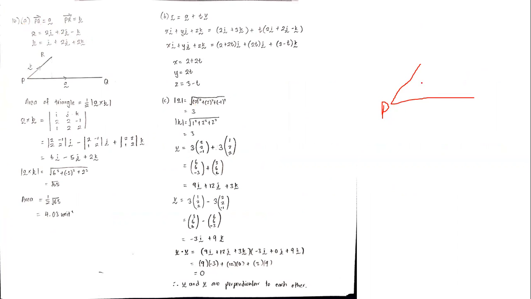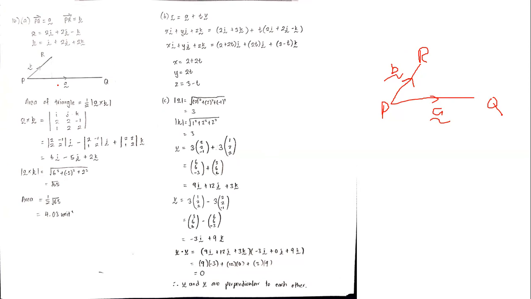So we put P here, then R and Q. We can simply put it anywhere. So PQ is vector A, PR is vector B. If you want to change it, also can.